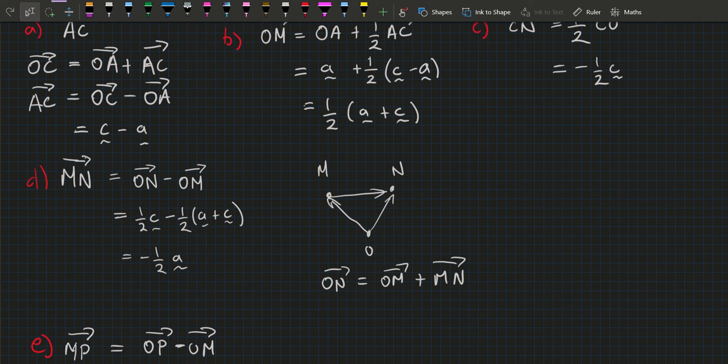So what I should have done, and what I should do quickly from now on, is M to N equals the origin to N, subtract the origin to M. In other words, the origin to the second letter minus the origin to the first letter. All right, I'll remind you of that in the larger video. Oh my God, that was 20 minutes.